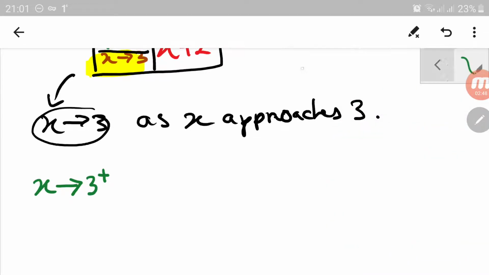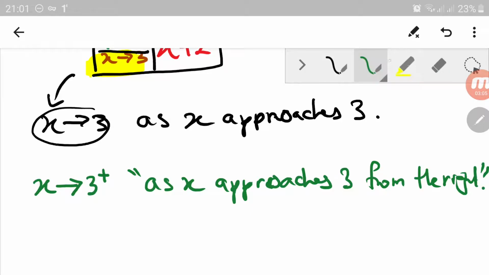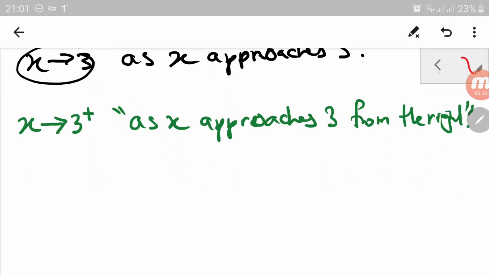So the sentence is as x approaches 3 from the right. Now you notice that symbol falls from the right, so how to write from the left?